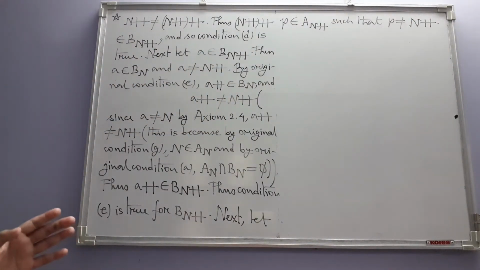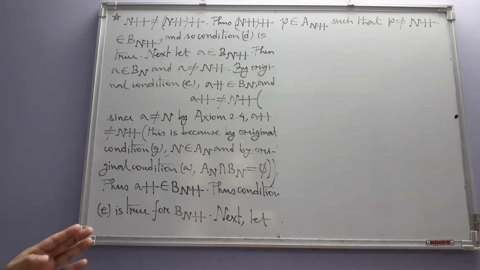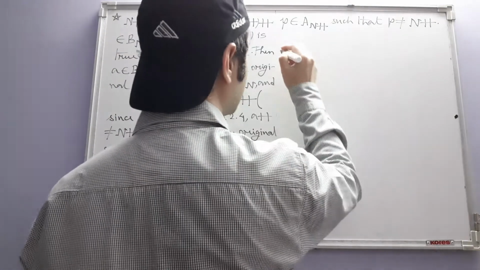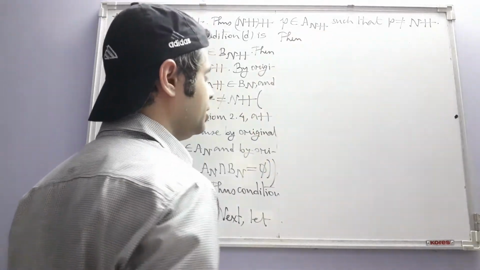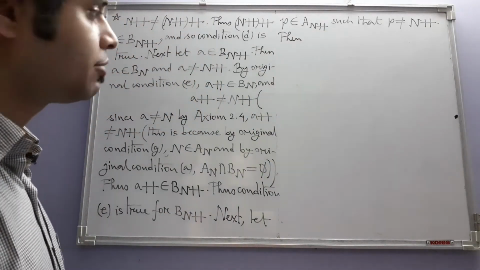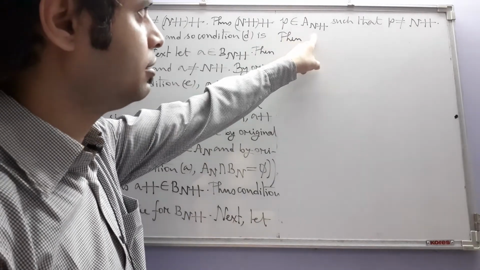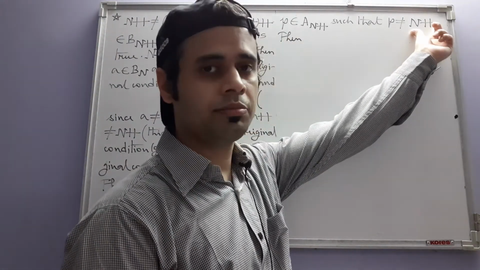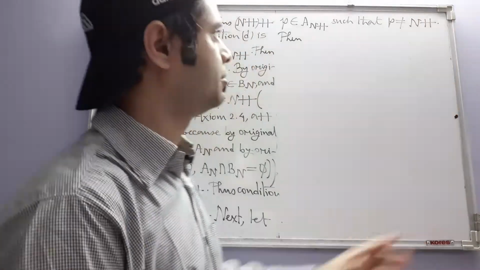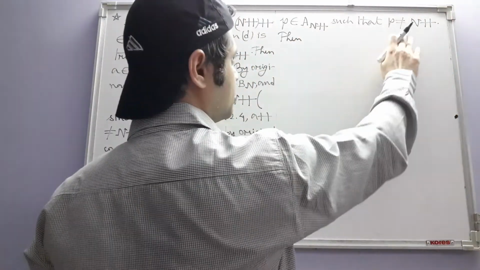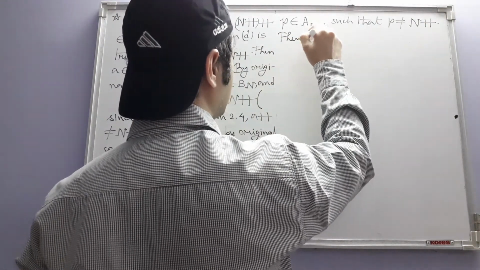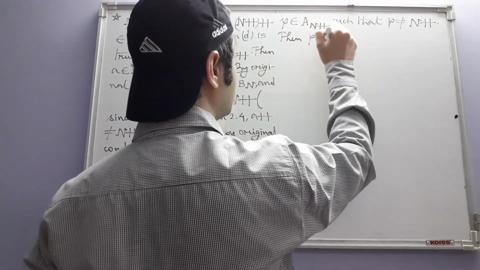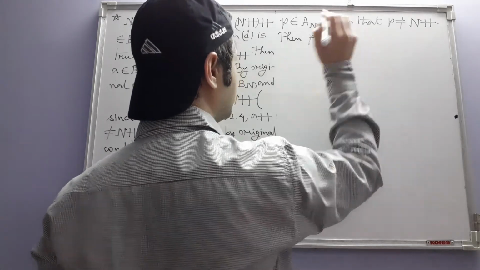We have to prove that the successor of P is again in A_n plus plus. Then what is the meaning of P being in A_n plus plus? A_n plus plus is the union of A_n and the singleton set consisting of n plus plus. But P is not equal to that element, so P has to belong to A_n.